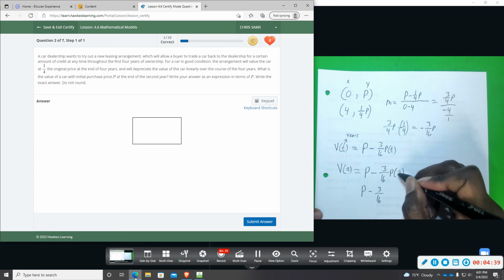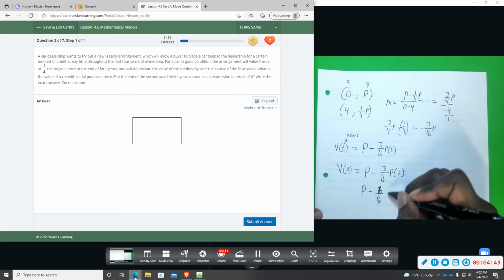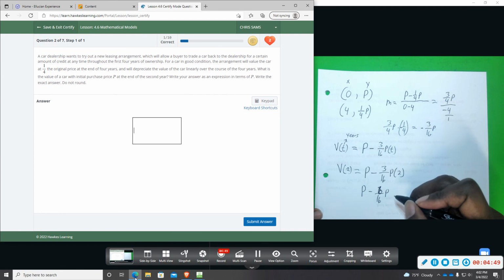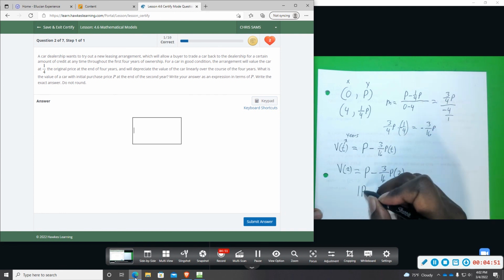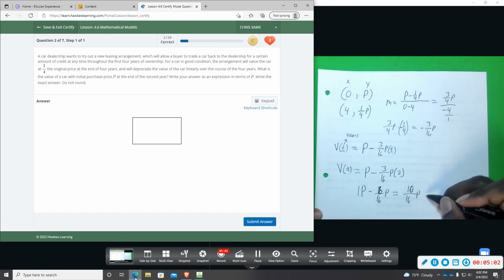Well, actually, 2 times 3, let's put this as 6. So multiply those, so there'll be 6P. And then we can simplify that. So this is like 1P, 16/16 minus 6/16, that will give you 10/16P. And you can reduce this, divide both by 2, and that will give you 5/8 P.